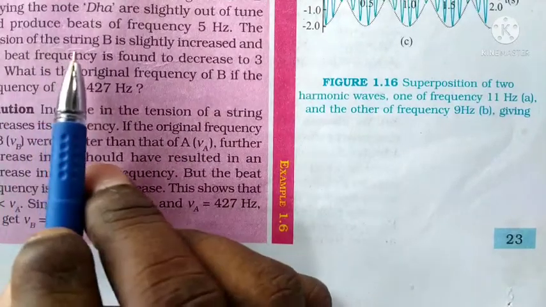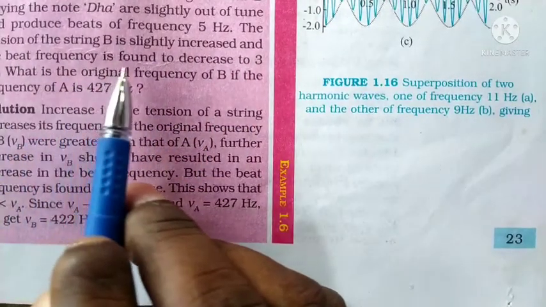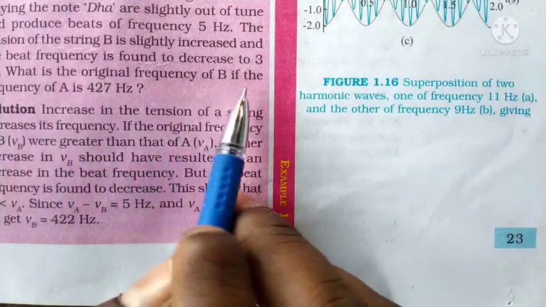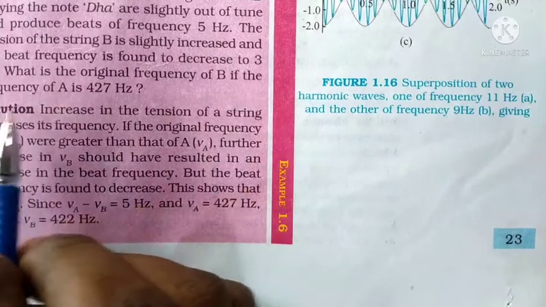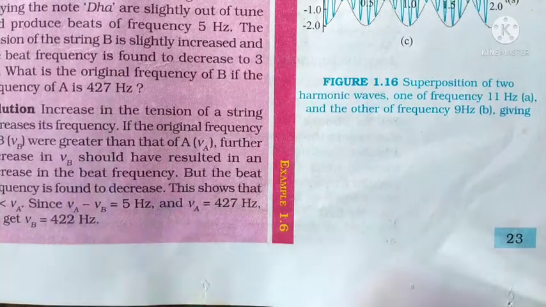The tension of the string is slightly increased, and the beat frequency is found to decrease to 3. What is the original frequency of B, if A's frequency is 427?